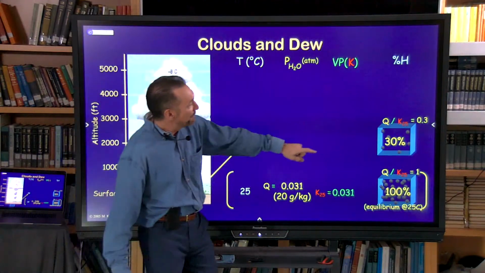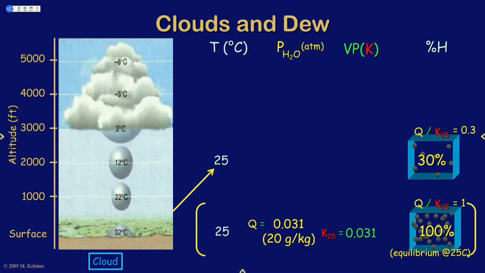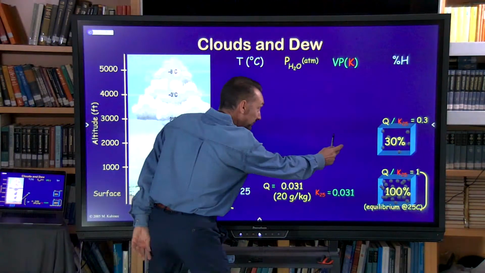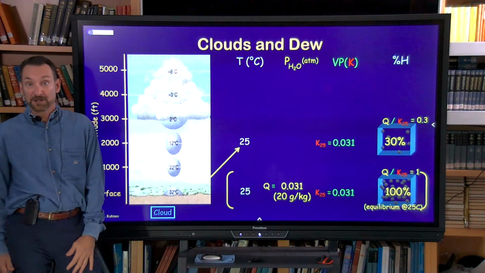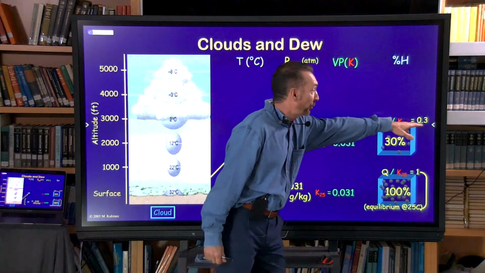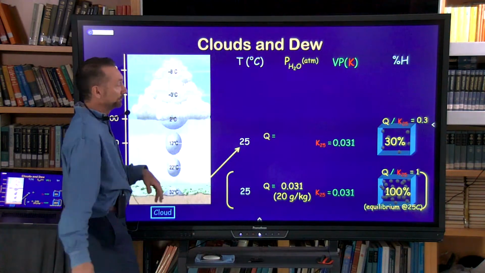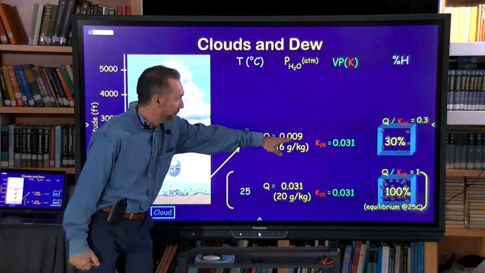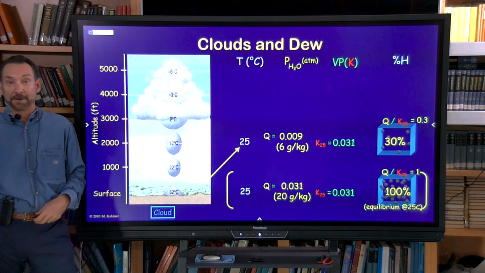But that means Q over K must be 0.3 if I'm at 30% humidity. I know K at that temperature, so I can back out what Q is. You can see 0.3 over 0.03 is 0.009, around 6 grams per kilogram of air.